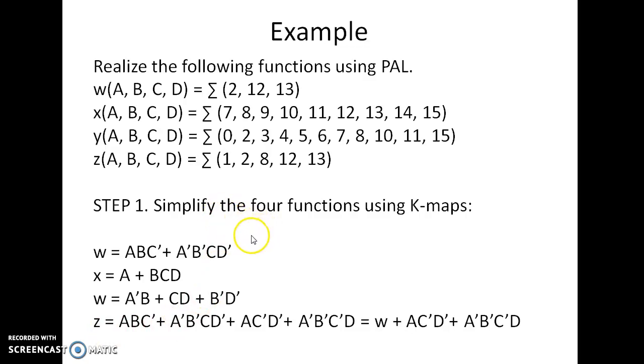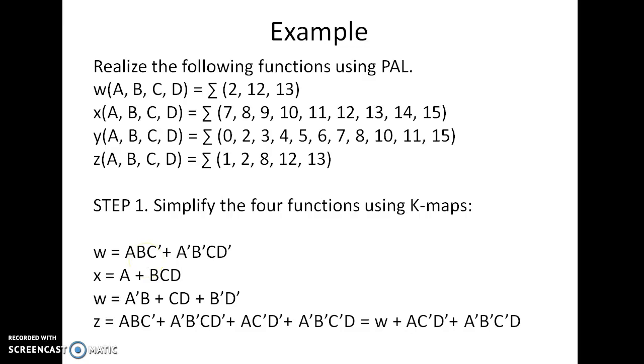What is the first step you have to do in designing a PAL? If the question is asked like this, you have to simplify using K-maps. Why are we simplifying using K-maps? To reduce the number of literals in the product terms. If you reduce the number of literals, what happens? We will see later.